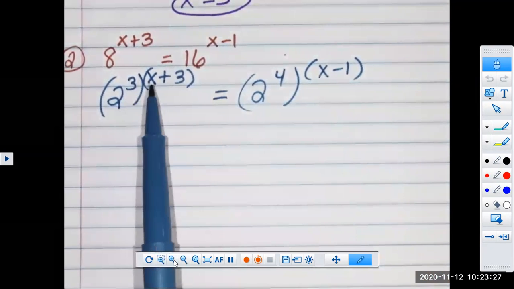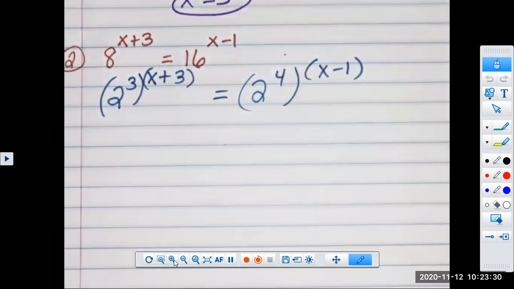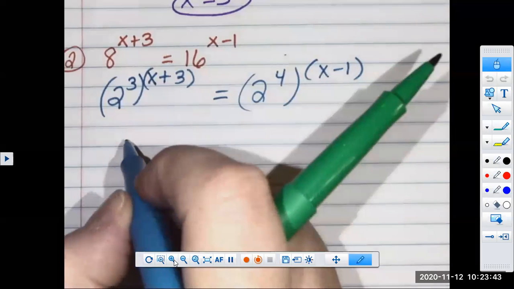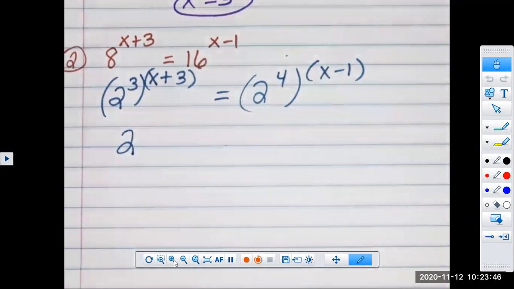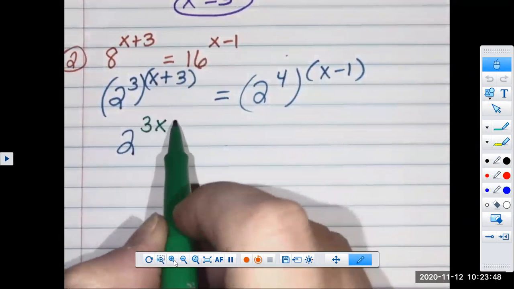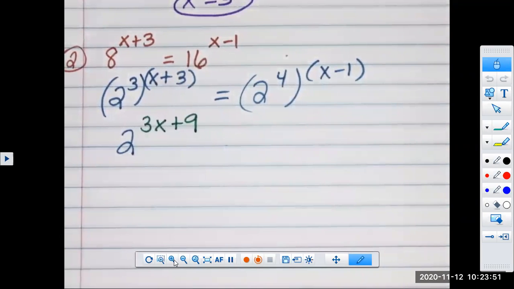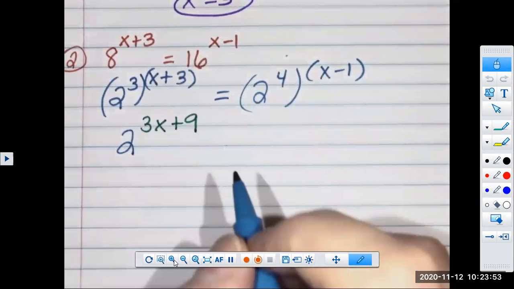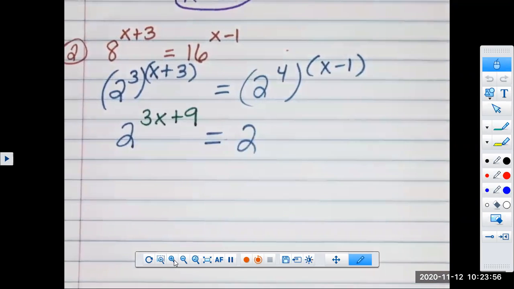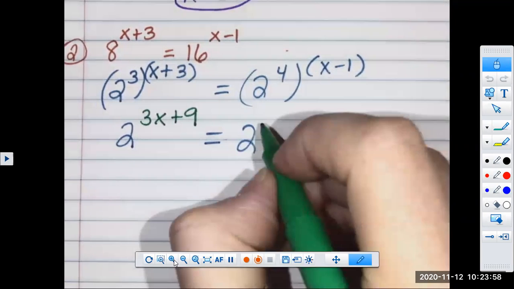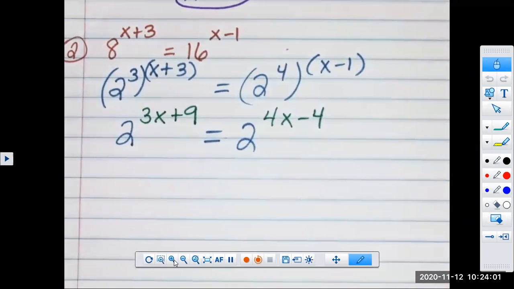What do you need to do with 3 and x plus 3, and 4 and x minus 1? An exponent raised to another exponent, you multiply them. So this becomes 2 to 3x plus 9. Right side becomes 2 to 4x minus 4. All right, is everybody okay with this so far?